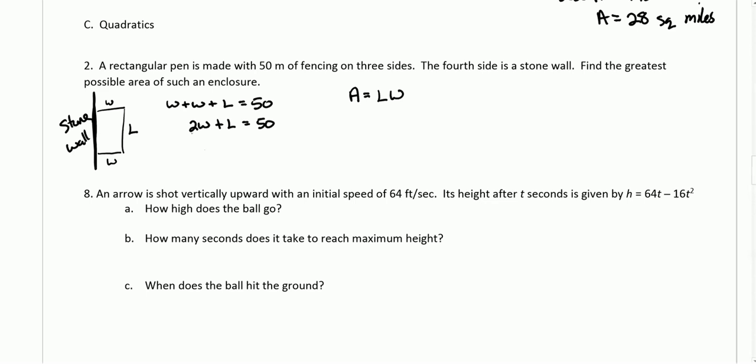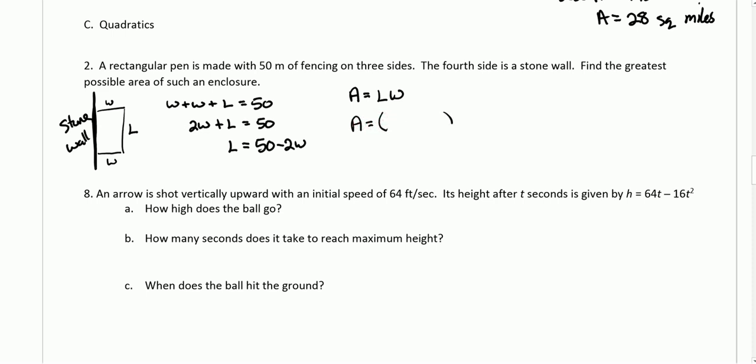So in our 2W plus L equals 50, we could solve for L and get L as 50 minus 2W. So the next step is to substitute that 50 minus 2W in for L. We know the area is length times width.